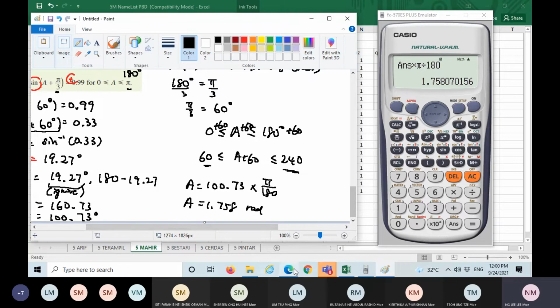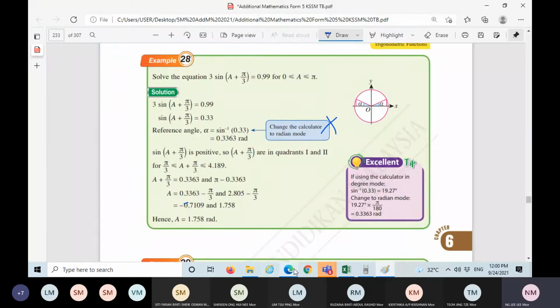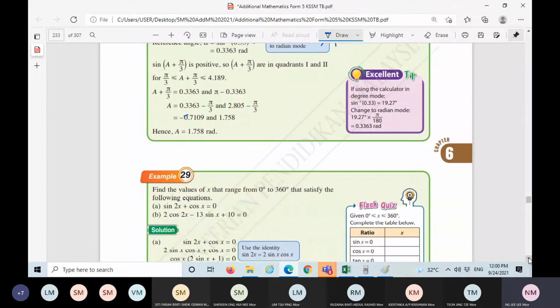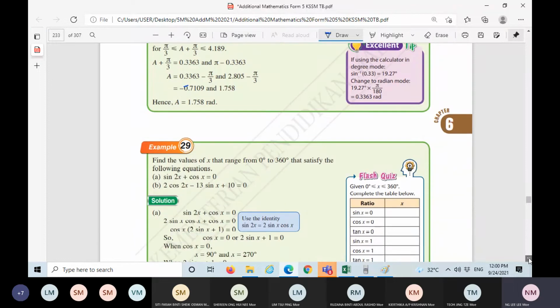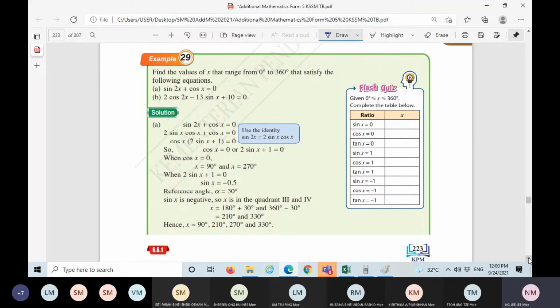Okay, we go to the next example. More and more difficult already. Look at this. Before this, I want you to do this table. This table is very important.